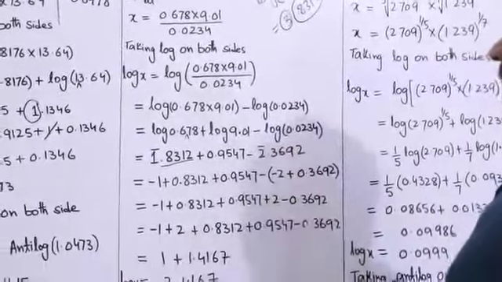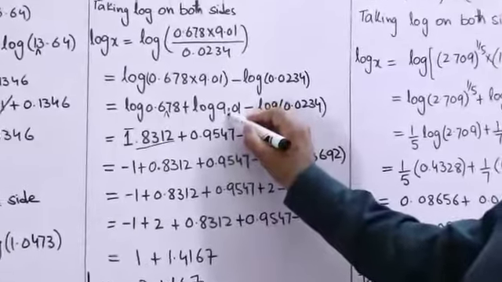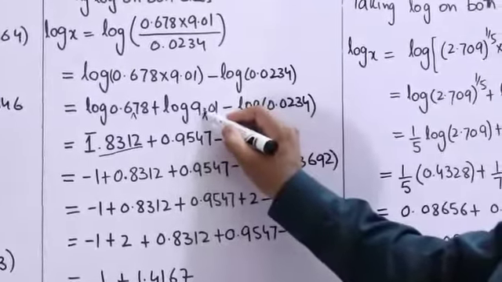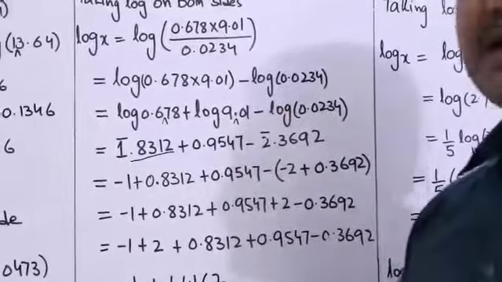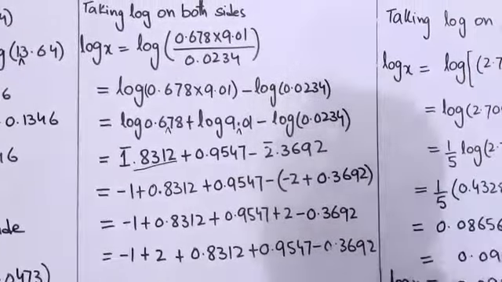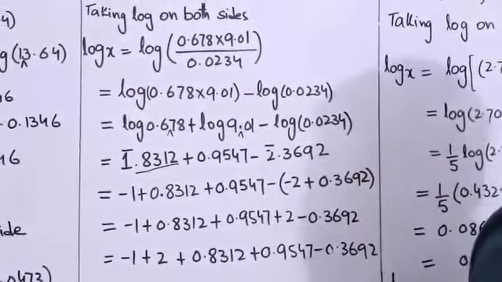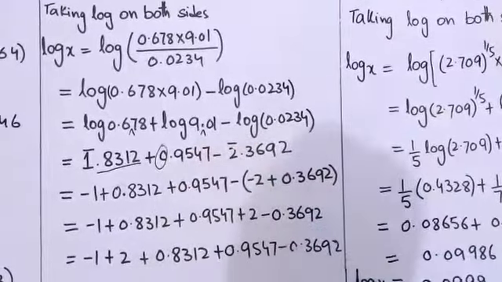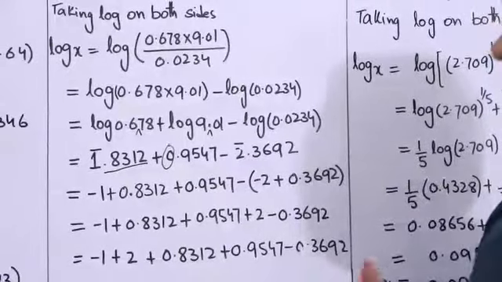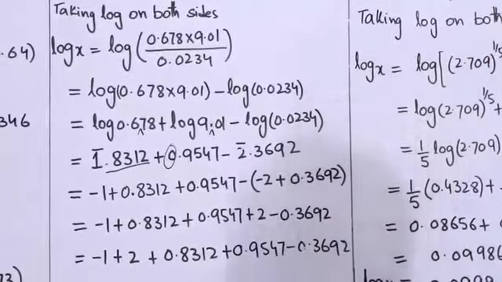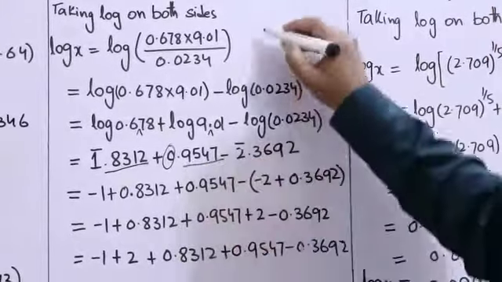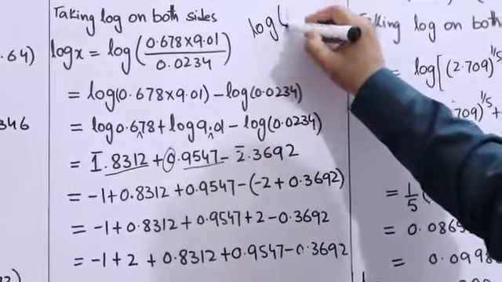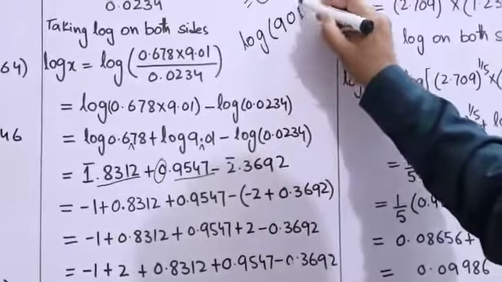Now again, here the first non-zero digit is 9, and the reference position and the decimal point are at the same place, so there is no digit between them, so our characteristic is 0. So how can we find the mantissa? We just have to write the log of 901.